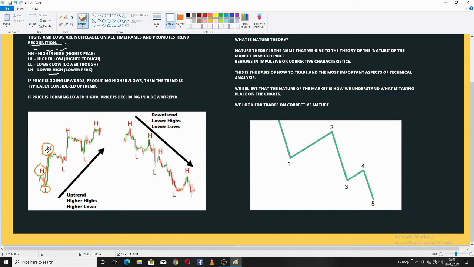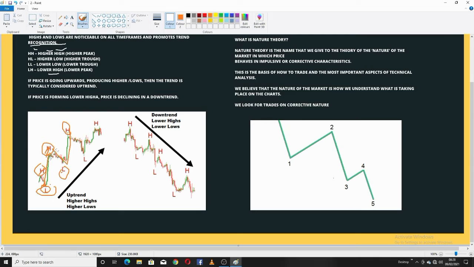That's why we say higher high, because this high is higher than this one. And then it comes back and creates a higher low, because this low is higher than this one, and then pushes up to create another higher high.